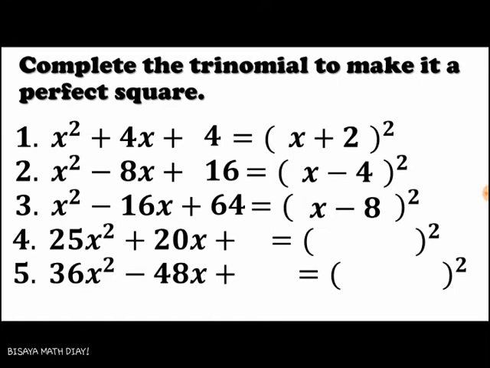Number 4, 25x squared plus 20x plus a blank. So, what should be our third term? Guess? Yes, that's 4. Why 4? Again, the middle term, 20 divided by 2, that's 10. And then we divide it by the square root of the coefficient of x squared, which is 25.